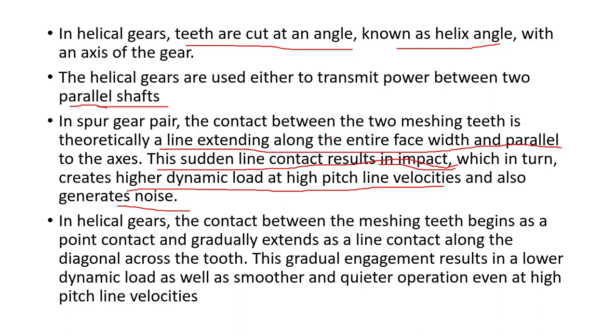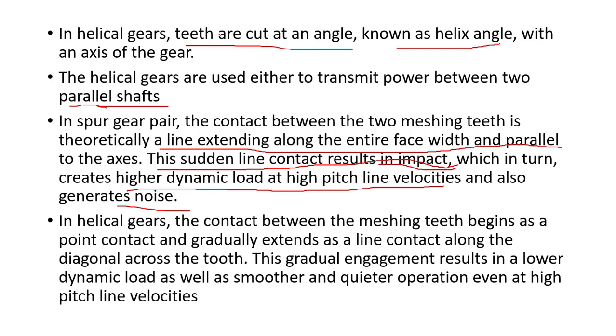But these things can be eliminated by the helical gear, in which the contact between the meshing teeth begins at a point and gradually extends as a line contact along the diagonal across the tooth.